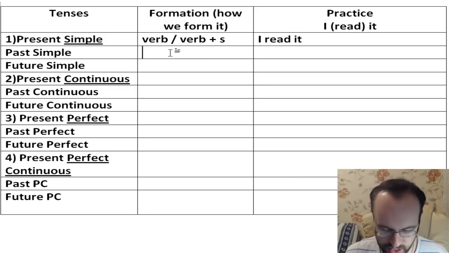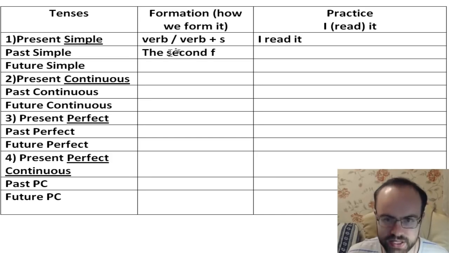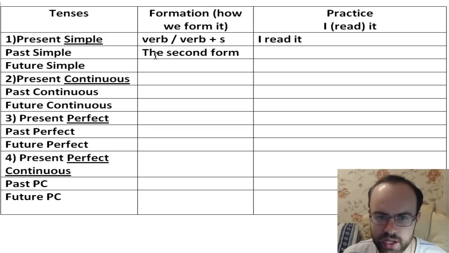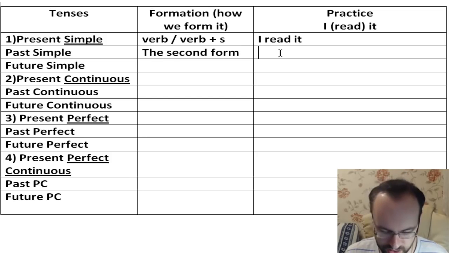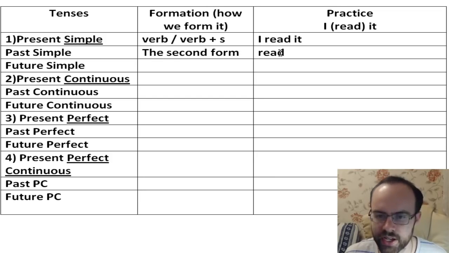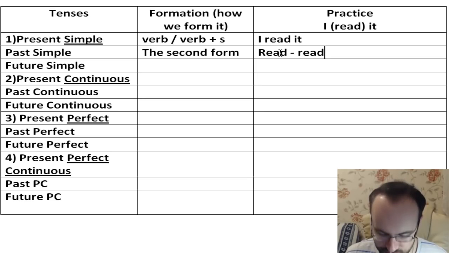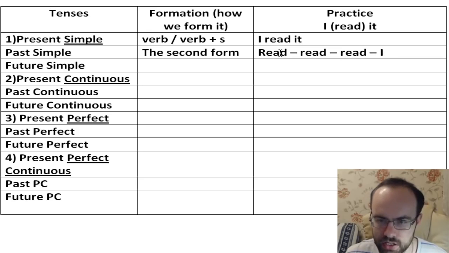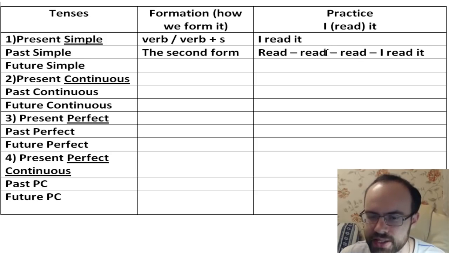Past simple. You need to choose the second form. You know that this verb is irregular. We say read, read, and you say I read it. As you see, the spelling is the same, but the pronunciation is different. We pronounce it differently.